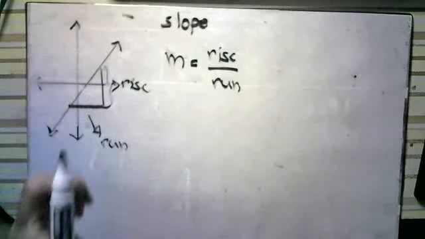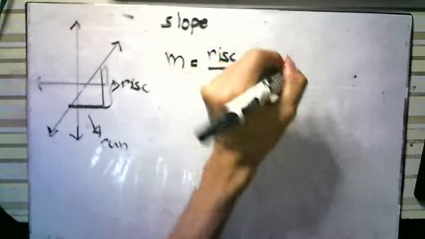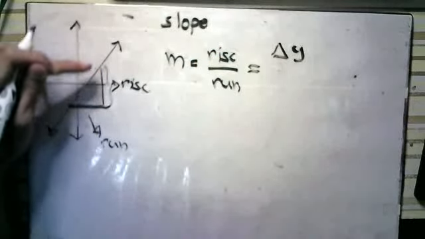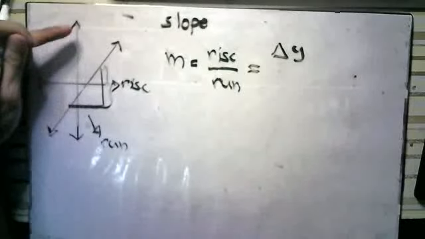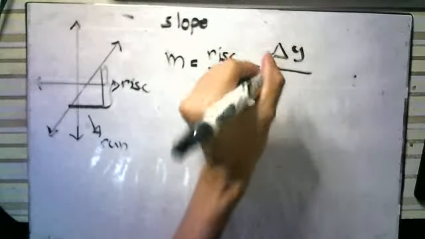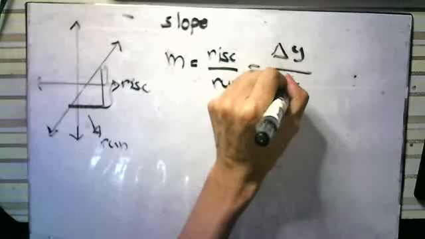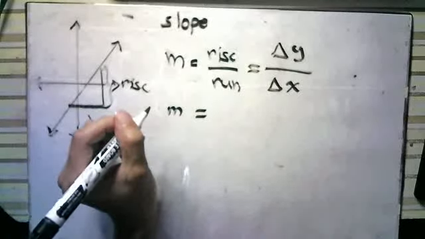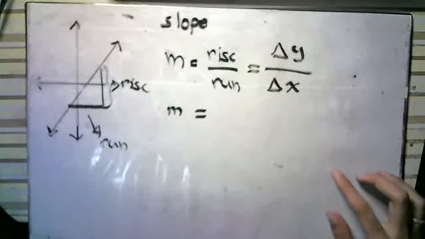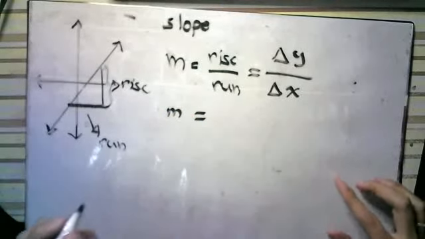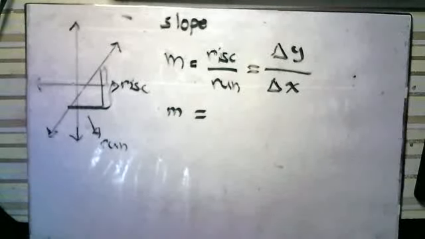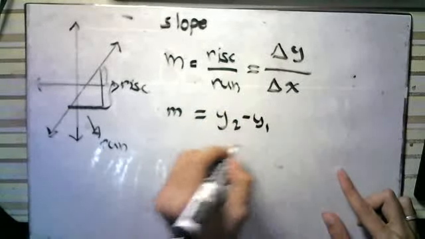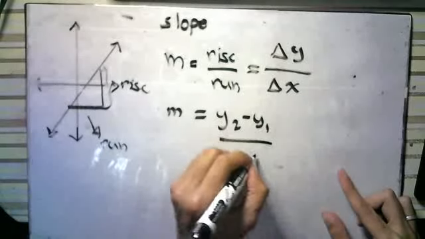Kaya rise over run. Or, it may be equal to the change of y over the change of x. Kasi kung mapapansin nyo, patayo, linya niya si y-axis. So, sa madaling sabi, the usual formula for slope will be the difference of y, for example y sub 2 minus y sub 1 over x sub 2 minus x sub 1.